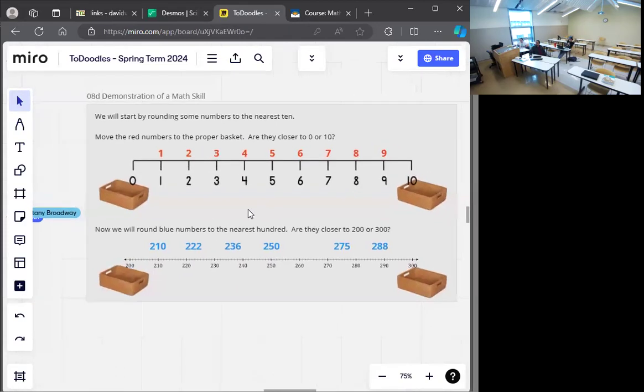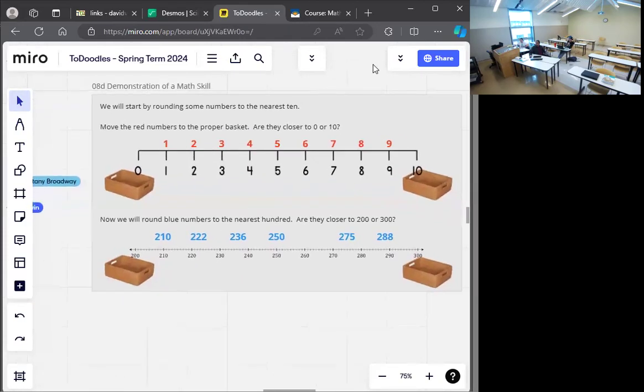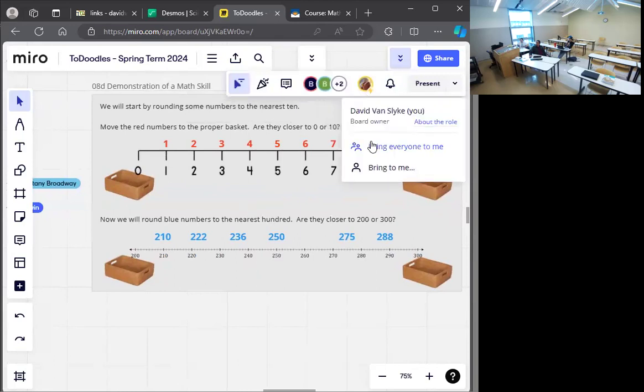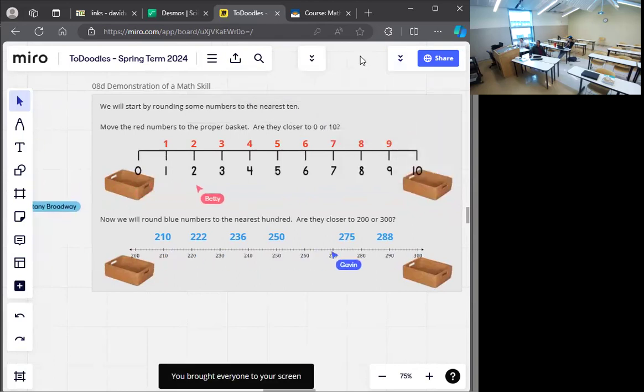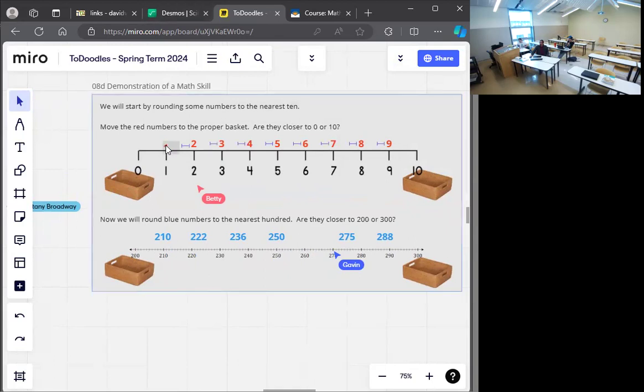Okay, now we're just going to review the rules of rounding. So I will pull everyone towards me. And the red numbers up at the top of the number line, you can move. So we can say 1 is closer to 0 or 10? 1 is definitely closer to 0, so I'm going to put it in the basket on that side.